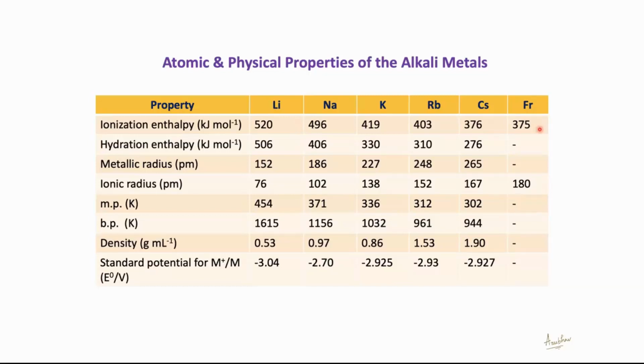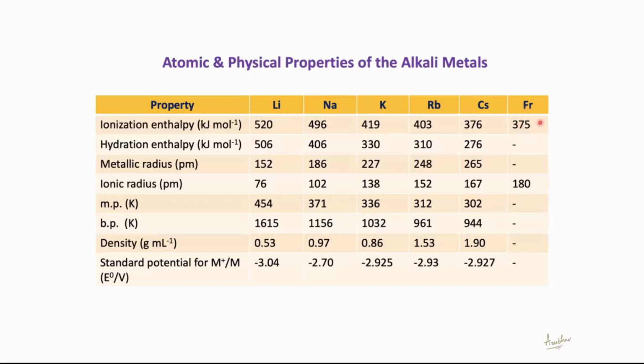That's why the power of the nucleus on the valence electron will be least in case of francium, but in case of lithium it will be highest, because lithium is smallest in size. That's why the nucleus will keep the valence electron of lithium most tightly bound. But in case of francium, the valence electron will be loosely held or loosely bound.